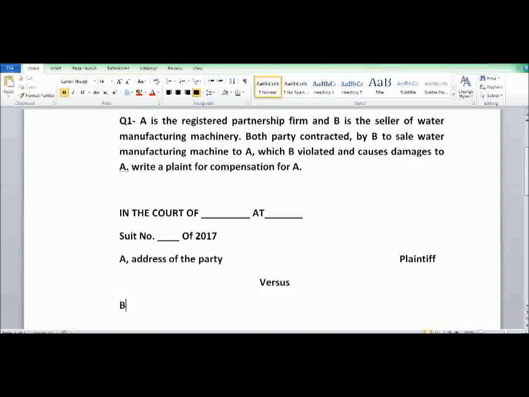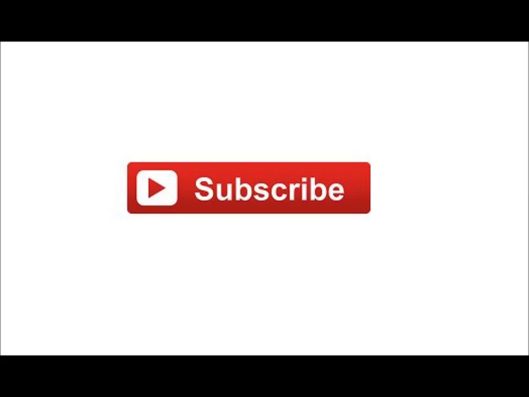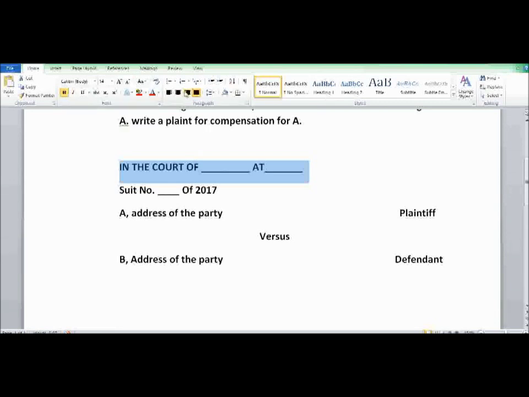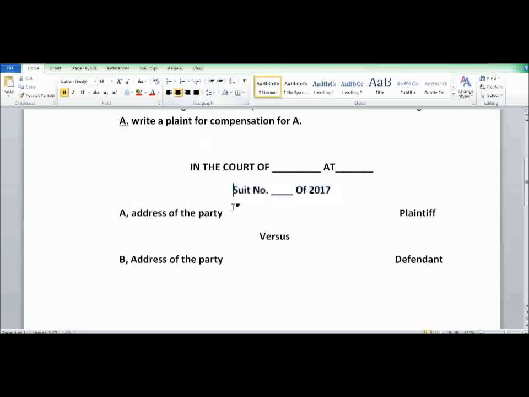Then again the party's name, that would be the defendant, then the address of the party, and at the right side after the party, defendant. Now select this and do this. Select this and OK.